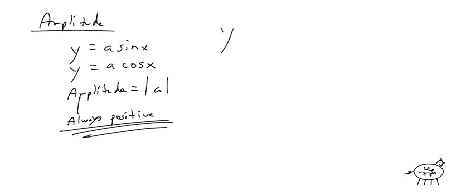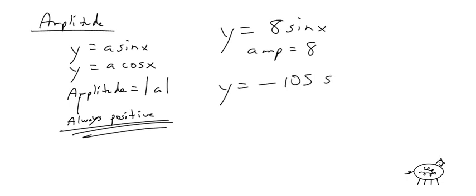All right? So just a little practice here. If I said y is equal to 8 sine of x, the amplitude equals 8. If I said y is equal to -105 sine of x, the amplitude is positive 105. All right? Never a negative. It's really, really important. Okay?